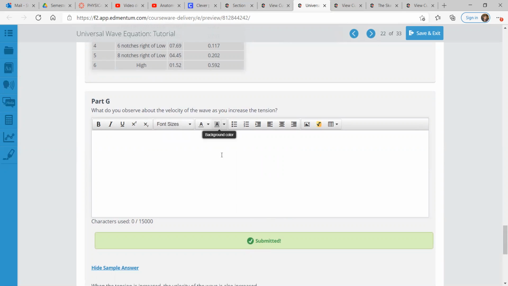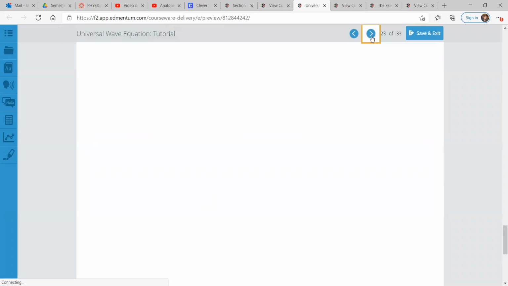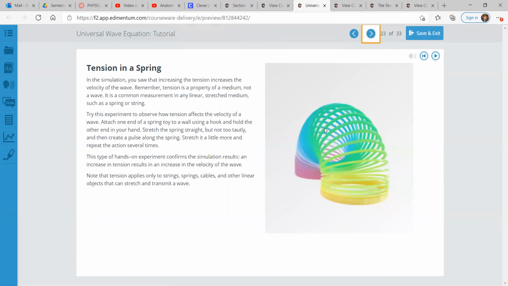The velocity of the wave seems to increase as tension is increased. You saw that increasing tension increases the velocity of the wave. Remember that tension is a property of a medium, not a wave. It is a common measurement in any linear, stretched medium, such as a string or a spring.